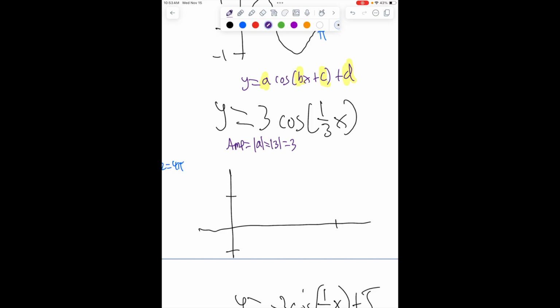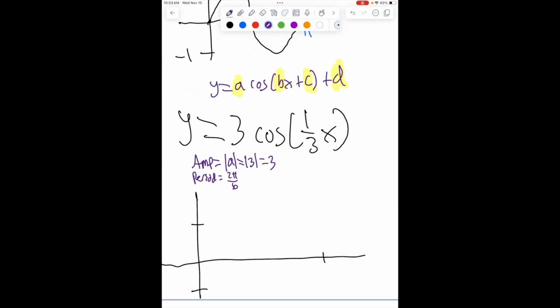Now, period is a little bit trickier, because my period, I generically take 2 pi divided by b. But if I look at this, b is actually 1/3. B is a fraction. So when I try to determine what actually is b here, I'm going to have to say b is 1/3.